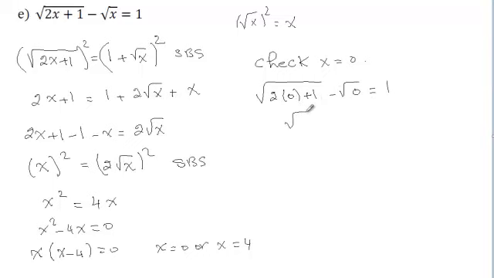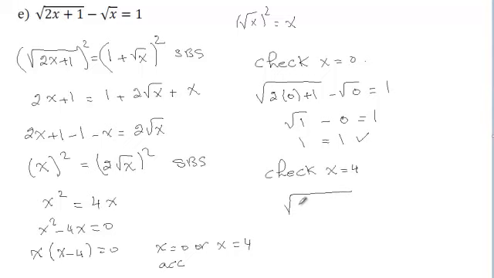So you get √1 minus √0, which is 0, equal to 1. So 1 = 1, which is true. So we can say that x = 0 is a solution. So this is accepted.